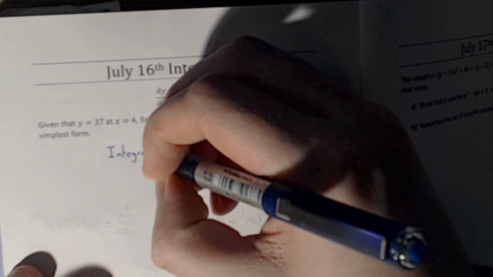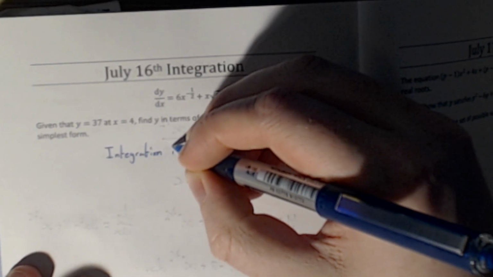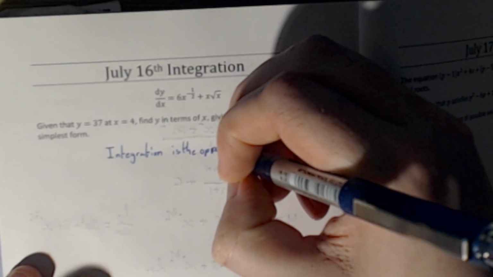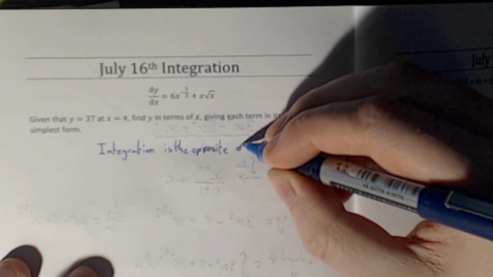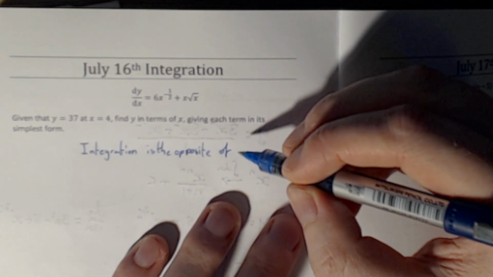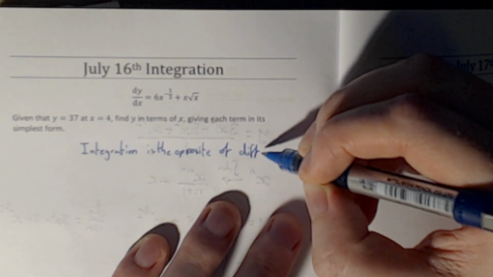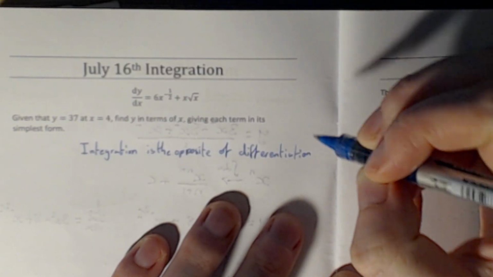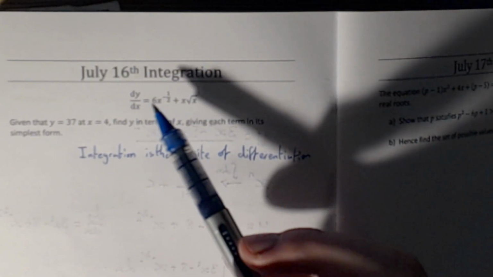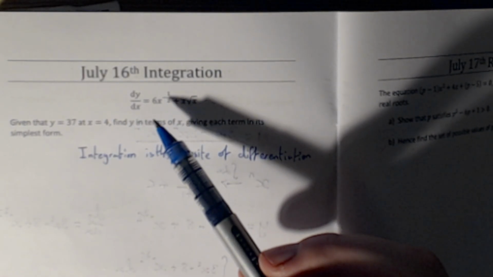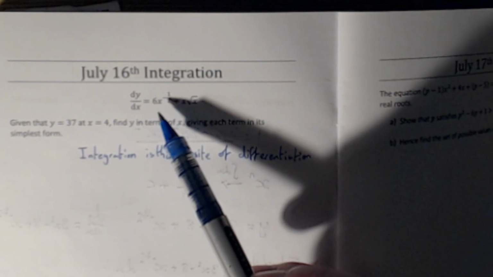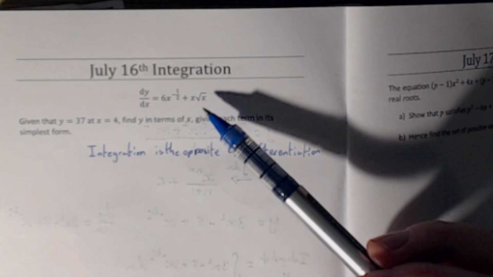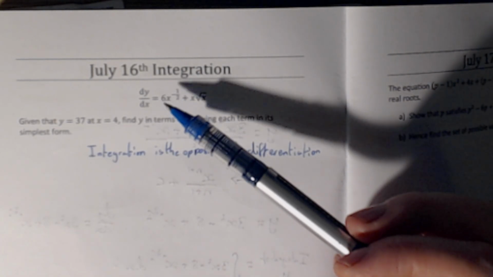integration is the opposite of differentiation. So when we differentiated this at some point in the past and obtained 6x to the minus a half plus x times root x, we used differentiation to do that.